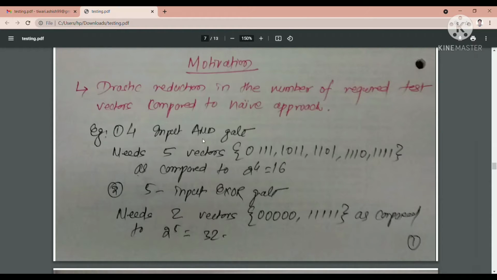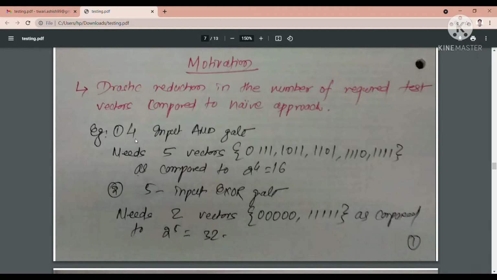Suppose I want to test a 4 input AND gate, then it will need only 5 vectors: 0111, 1011, 1101, 1110, 1111. So using these 5 vectors, I can test any 4 input AND gate.